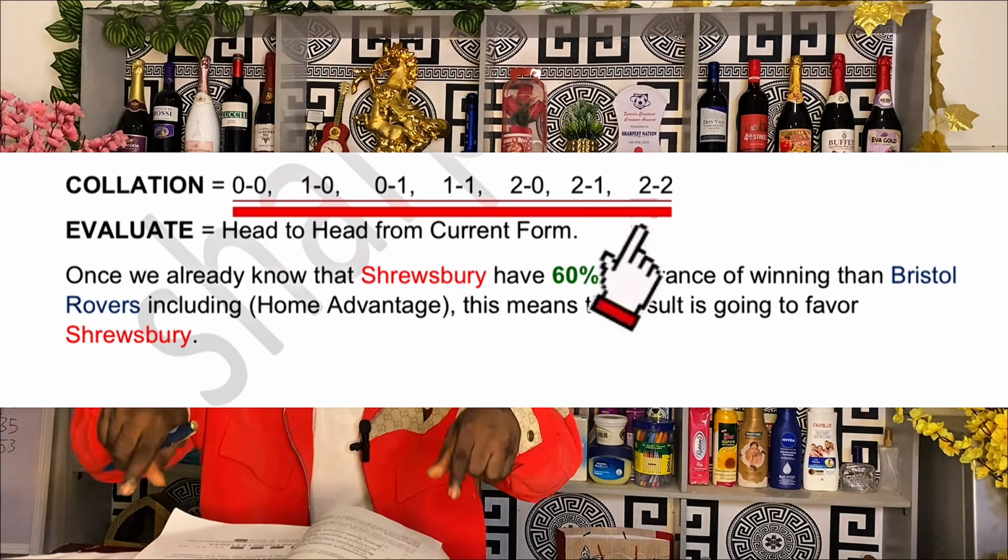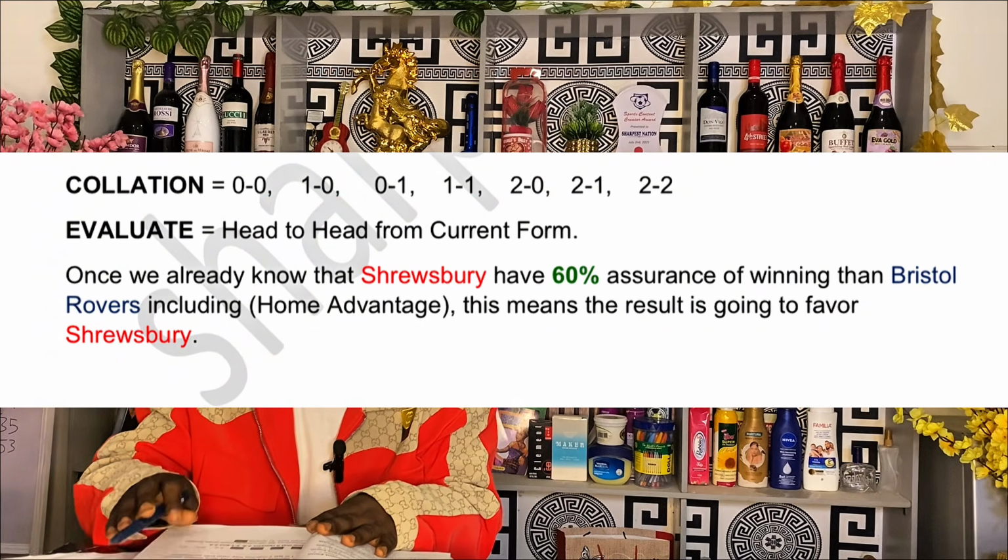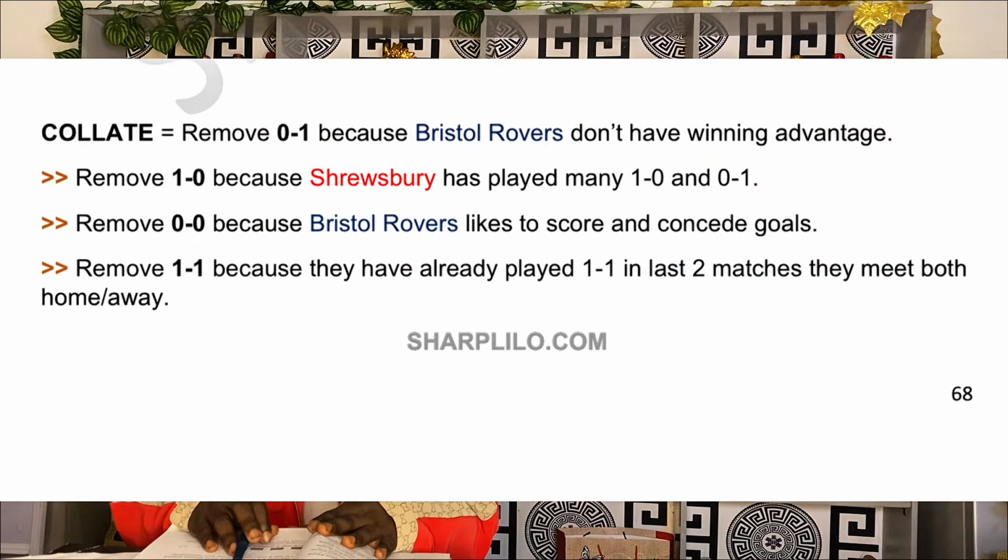But to know the particular one they will play, we have to evaluate head-to-head and current form. Now the collation will be remove 0-1 because Bristol Rovers don't have winning advantage. The current form shows that Bristol Rovers, who are playing away match, don't have winning advantage. That's the reason why we have to remove the correct score of 0-1.